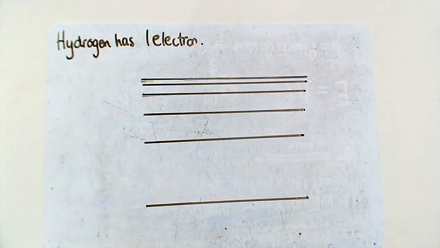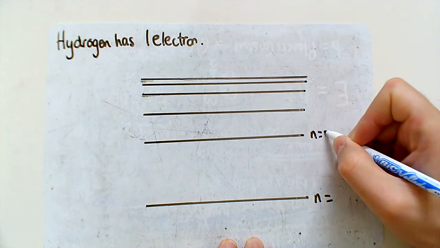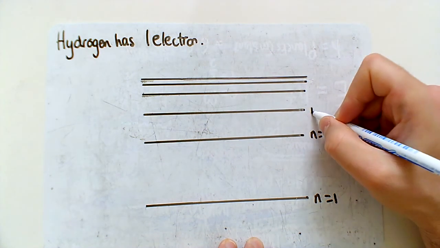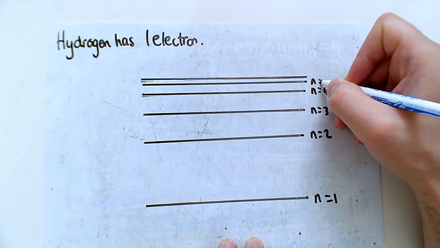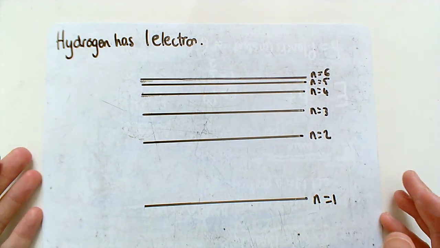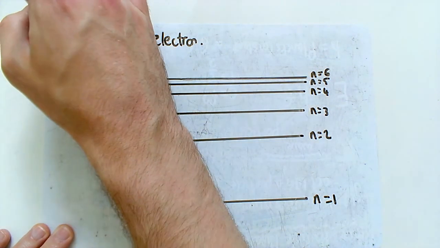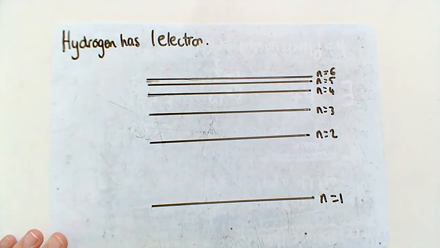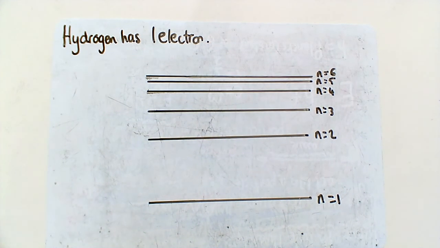We'll have n equals 1, n equals 2, n equals 3, n equals 4, 5, and n equals 6. And what you notice is that the energy levels keep getting closer to one another.